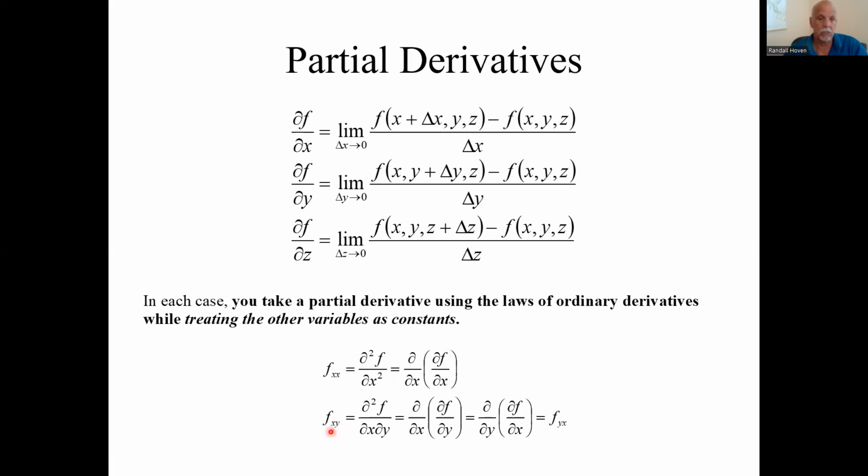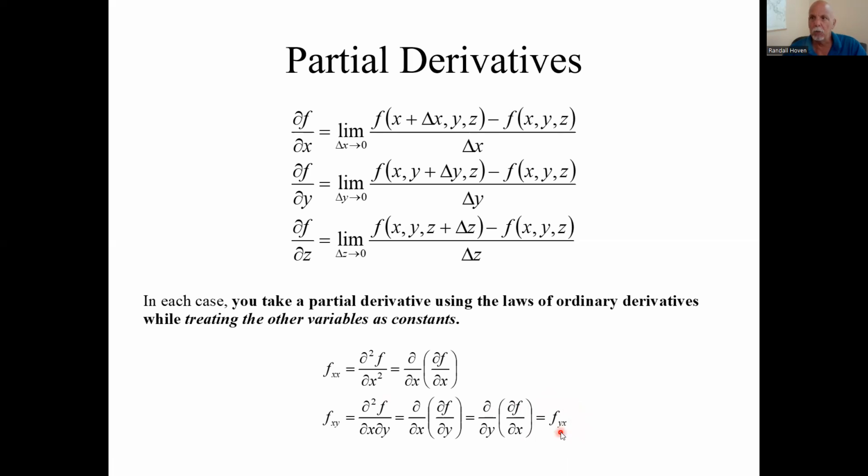And here's a case of the partial of f with respect to x and y, one each. Here's what it means. First, you took the partial of f with respect to y, and then you took the partial of that with respect to x. Or you could do it in the other order, and you get the same answer. First, take the partial with respect to x, and then that with respect to y.